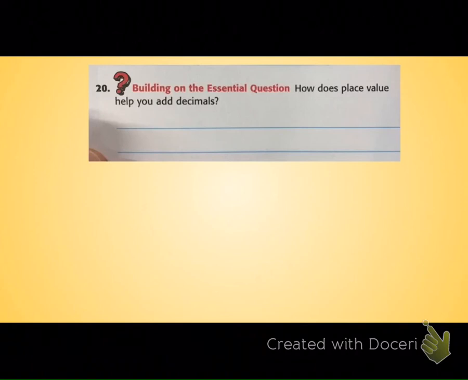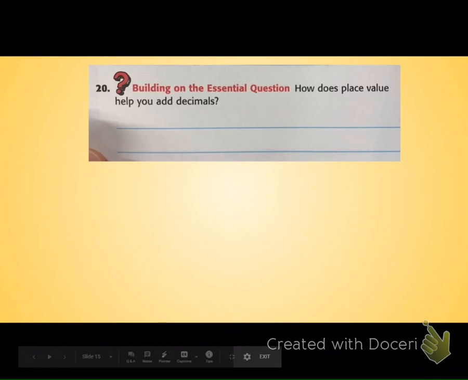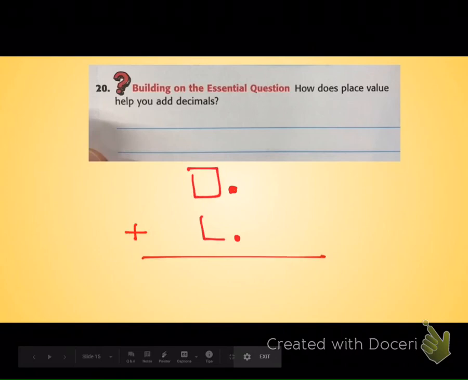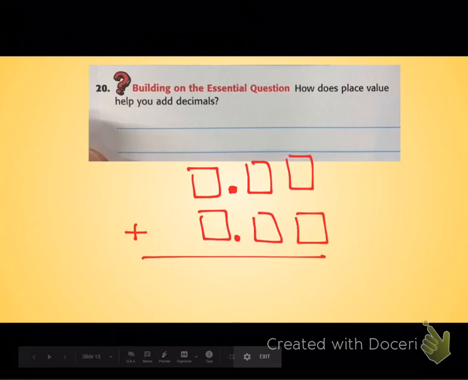Alright, so how does place value help you in adding decimals? Well, the most key component when you're adding decimals is that decimal point. Now, whether you have ones or tenths or hundredths, you can fill those in.